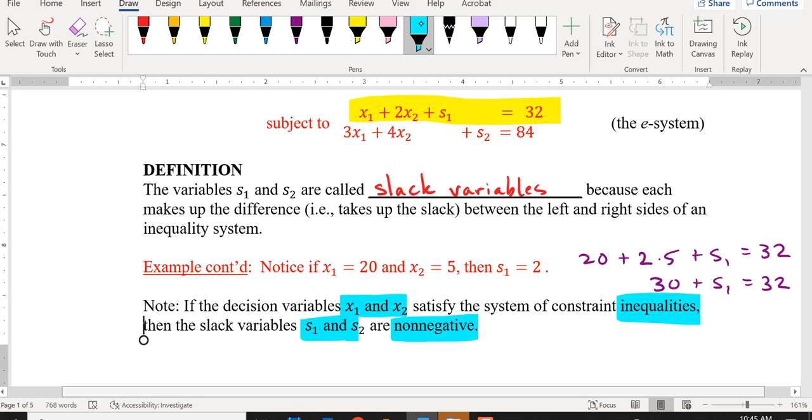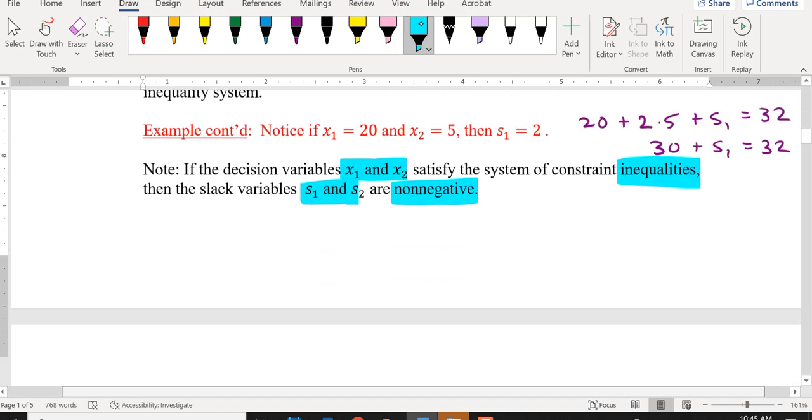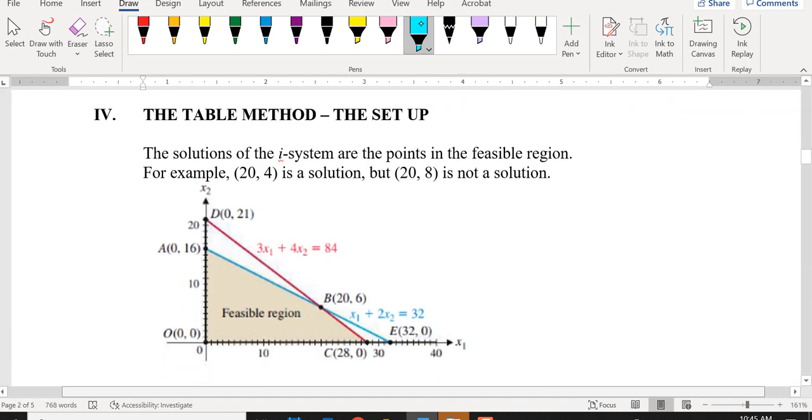So here in a minute, we're going to do a table, and if any of our slack variables turn out to be negative, we're going to cross that whole row out because it can't be a solution of the inequality system. Got it? All right. The table method, the setup.